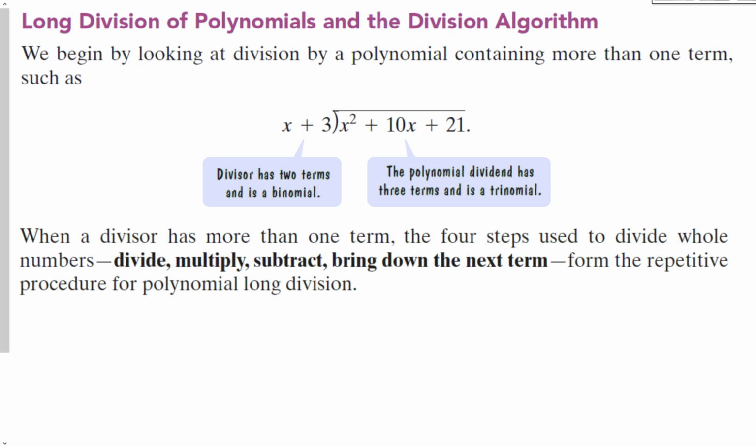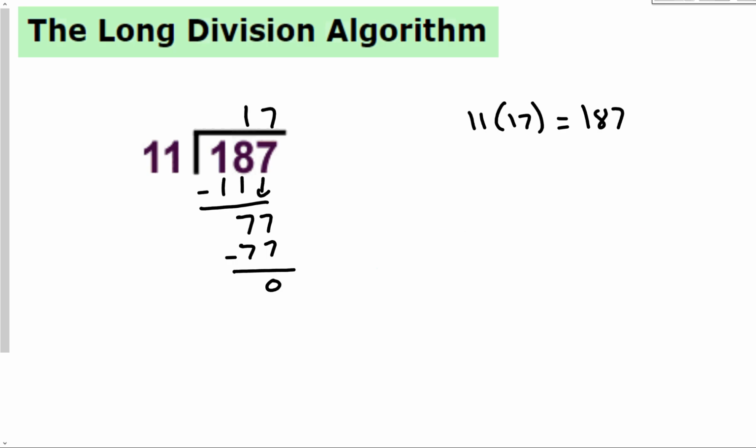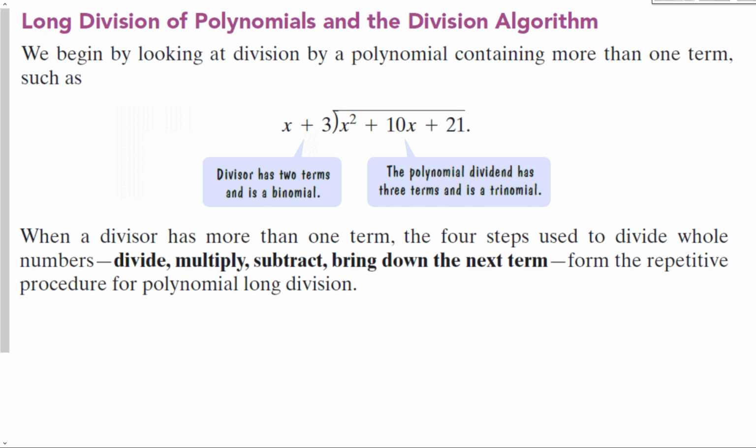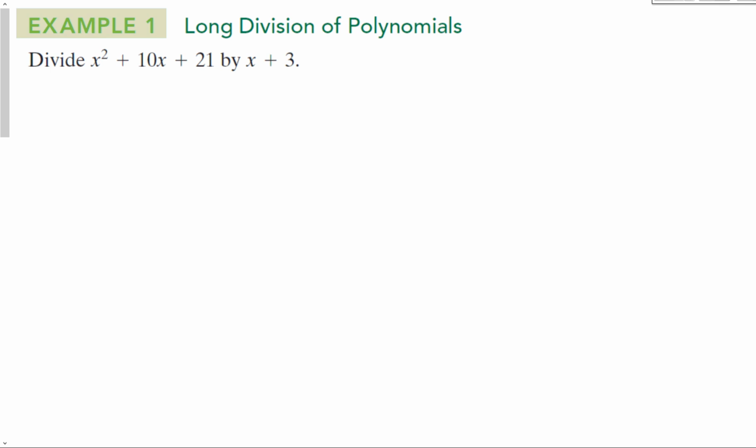So when a divisor has more than one term, the 4 steps used to divide whole numbers, divide, multiply, subtract, bring down, form the repetitive procedure for a polynomial. Just like we did here. We divided, multiplied, subtracted, brought down. Okay? So let's do it. We're going to take x plus 3, and we're going to divide x squared plus 10x plus 21.